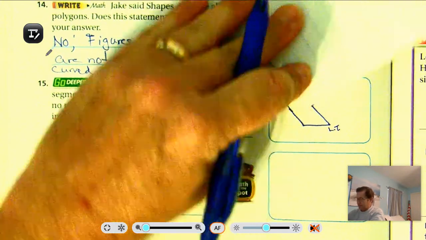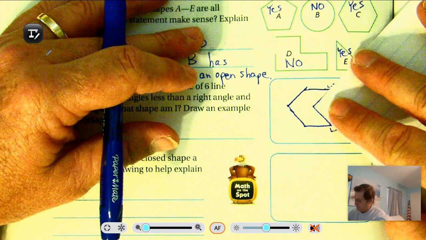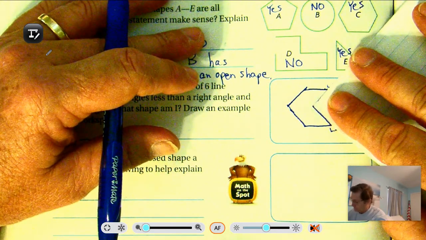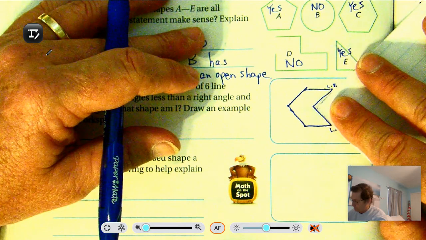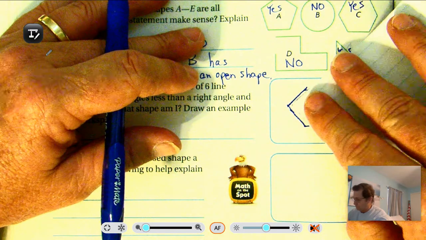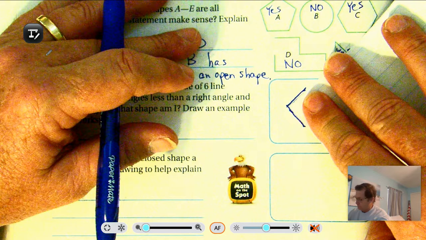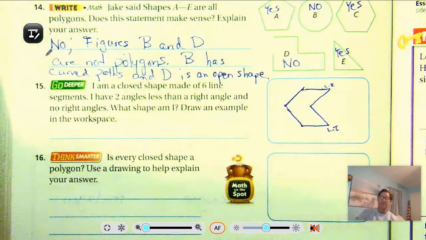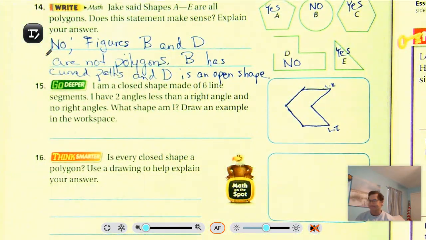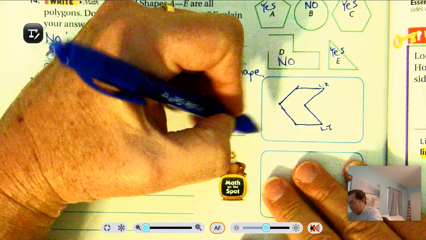How about this one? Ooh, those are pretty close to 90-degree angles though, huh? So let me try something else.